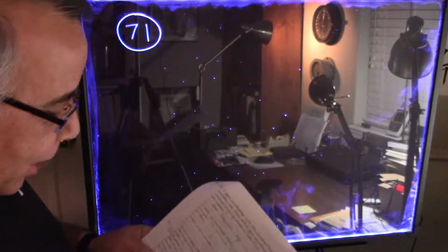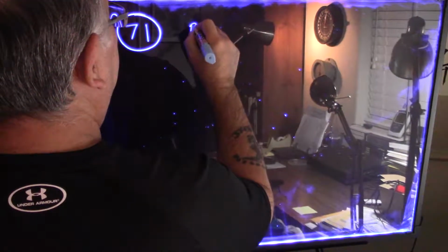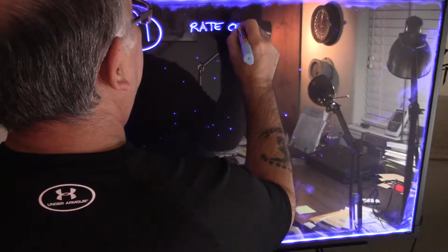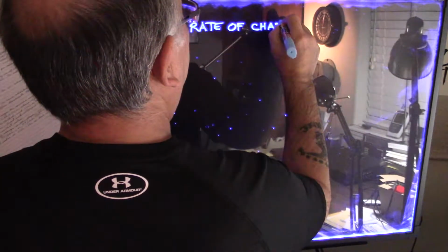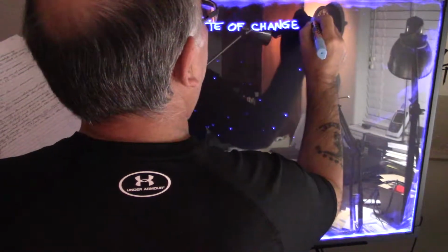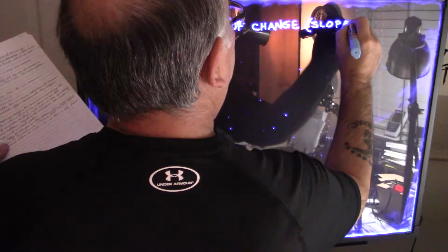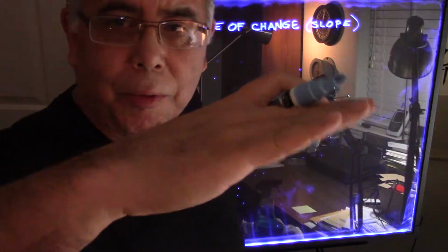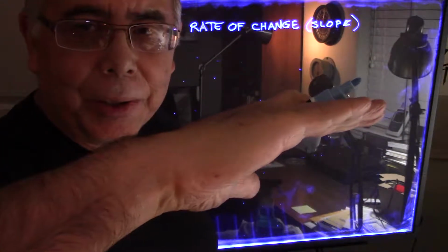All right. So the rate of change, what's that? That's the slope. If you think about it, the slope of a line will tell you how fast it's changing. If it's just a small slope, it's like going up a hill.